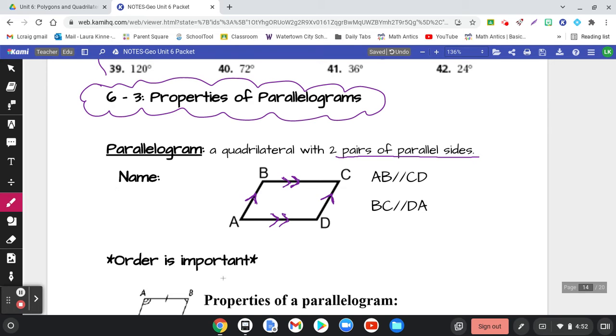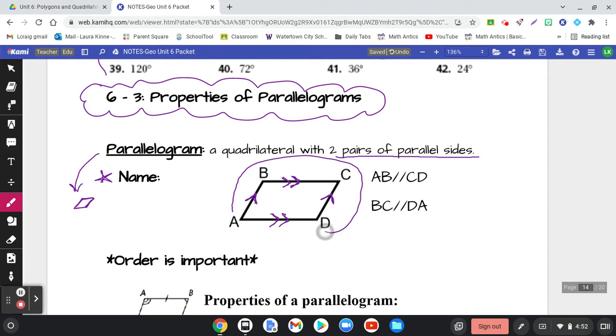All right, so the name of this thing, when you write it, this is important. First of all, the symbol for parallelogram is like a little mini parallelogram. So just draw two parallel lines like that and then connect the top and bottom. When you name it, it doesn't matter which letter you start with, but you need to go continuously around, like you're not picking up your pencil.